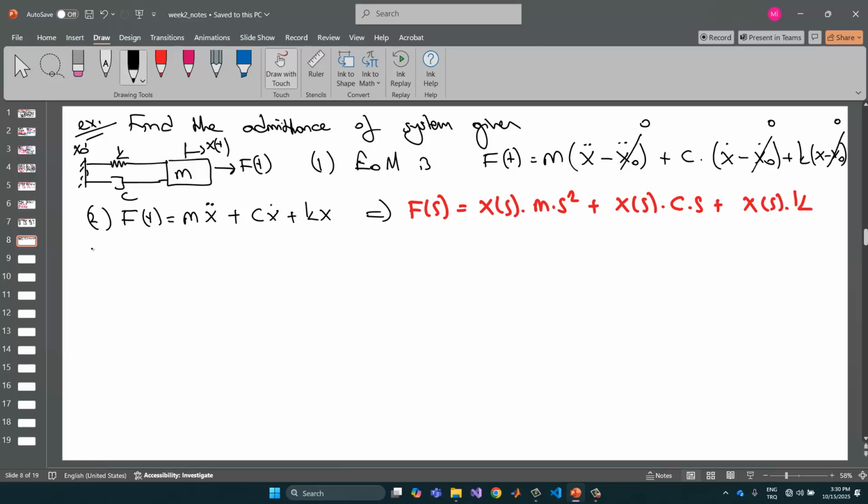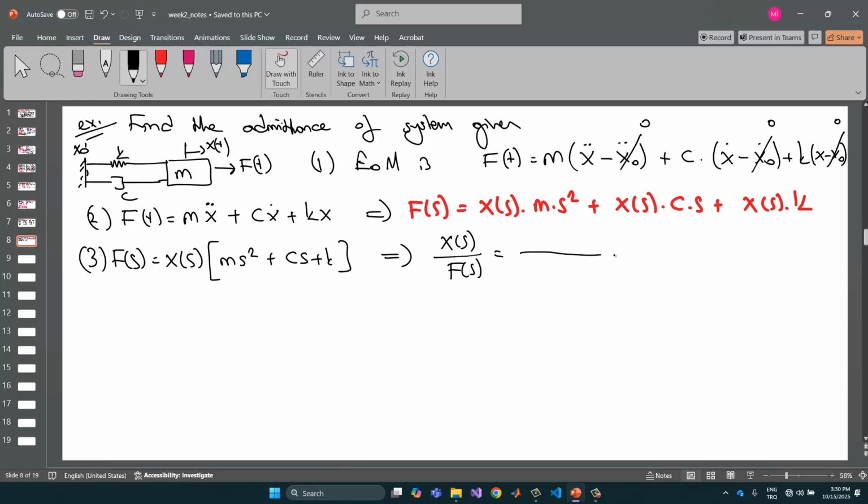In the third step, F(s) equals X(s) times (Ms square plus Cs plus K), and at the end X(s)/F(s) equals 1 divided by (Ms square plus Cs plus K), right?